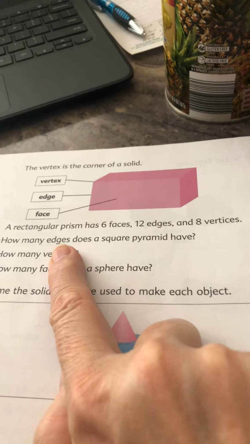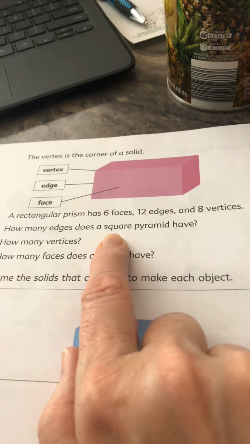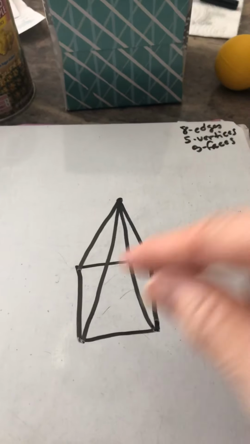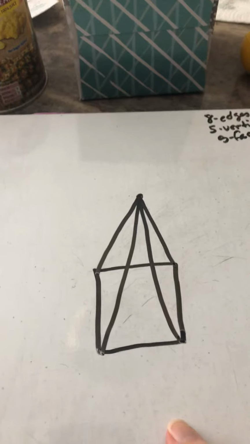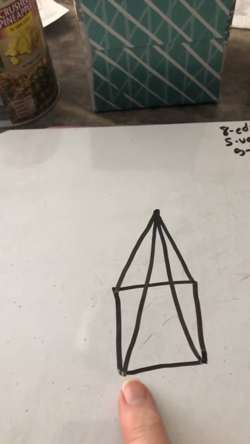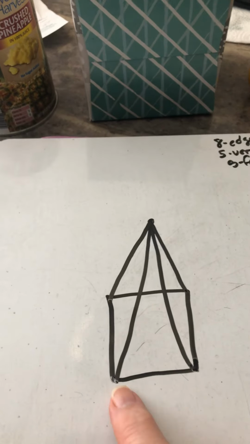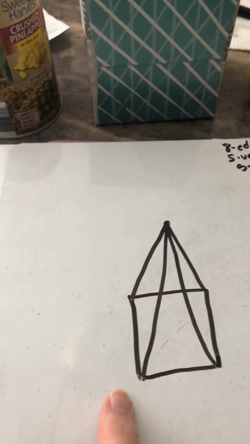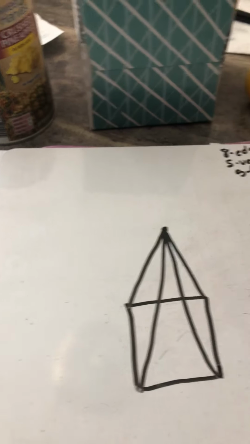Now it says, how many edges does a square pyramid have? Okay, and I've drawn a square pyramid on here so you can kind of see down and through it. So how many edges does it have? Remember, the edges are these lines. So 1, 2, 3, 4, 5, 6, 7, 8.